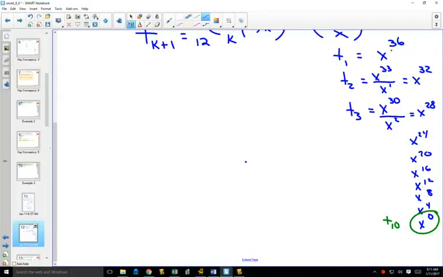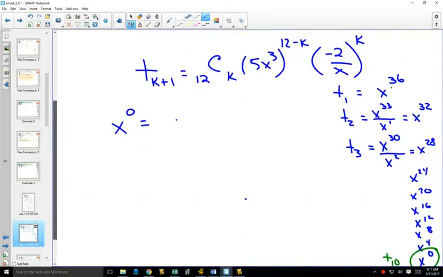And finally, algebraically, if you were solving this algebraically, you temporarily ignore all the coefficients and just look at your x's. How many x's would I have on top? 36 minus 3k. How many x's do I have on the bottom? X to the k.